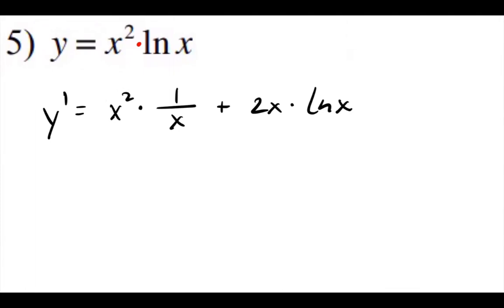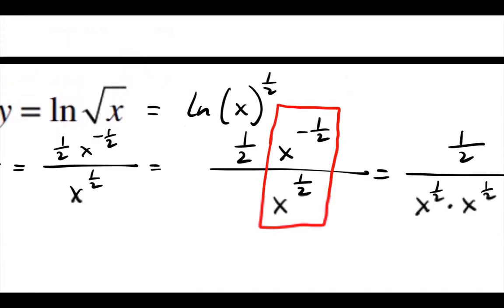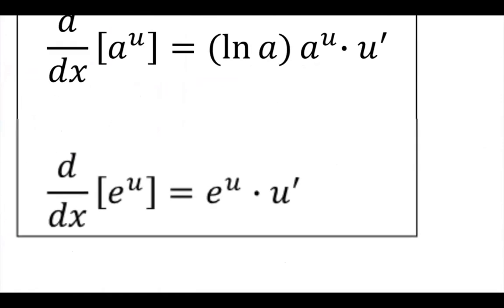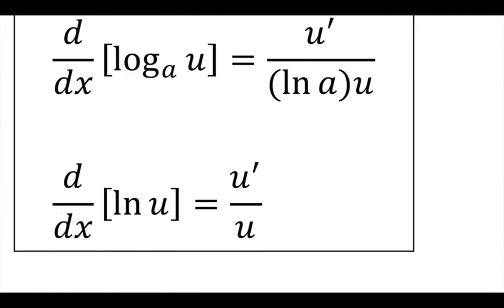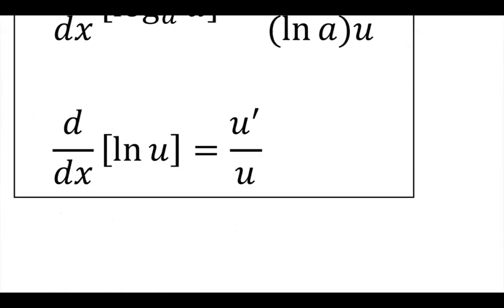So what's the derivative of natural log of x? Just regular natural log of x. Let's say this guy instead of a u was an x. So the x goes down here, right? What's the derivative of x?